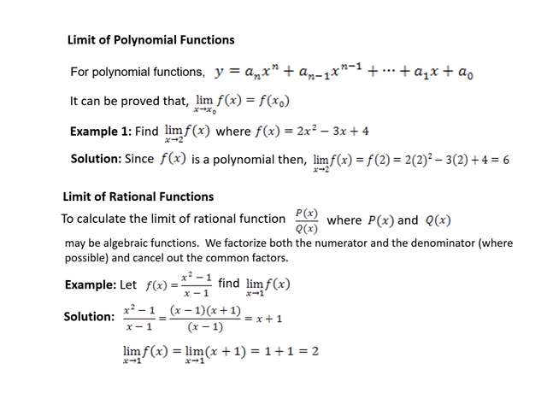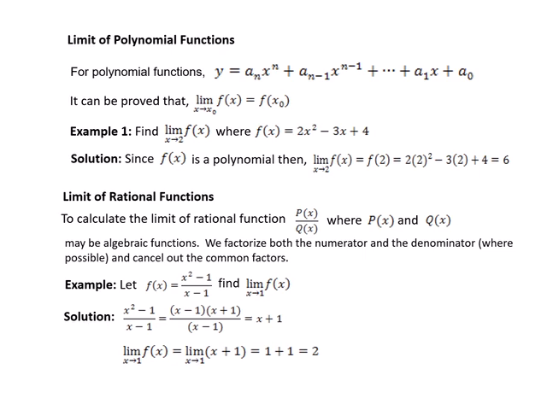This is done by substituting the value of s, which is equal to 2, into 2 in brackets squared. So anywhere you see s, just substitute 2: minus 3 in brackets 2 plus 4 is equal to 6. And we see that the limit exists here under the limit of polynomial functions.